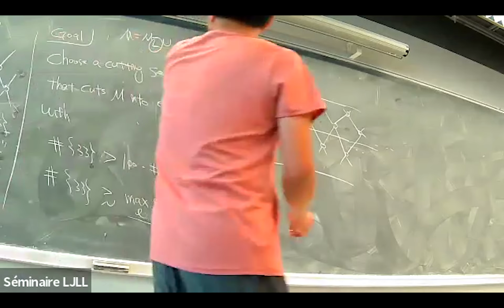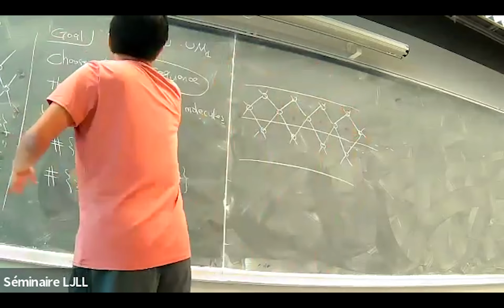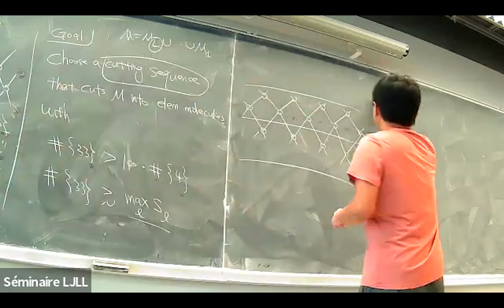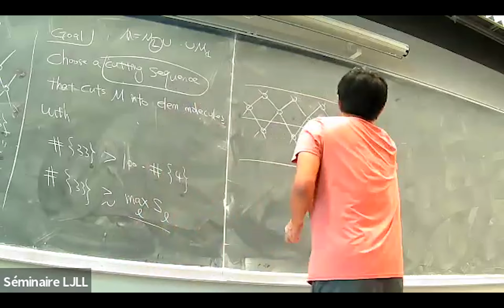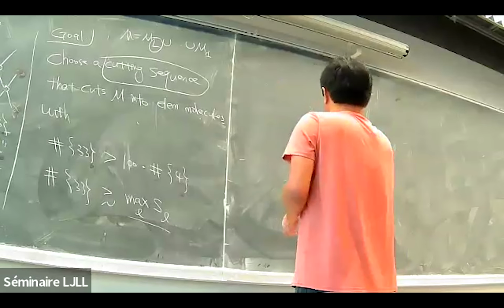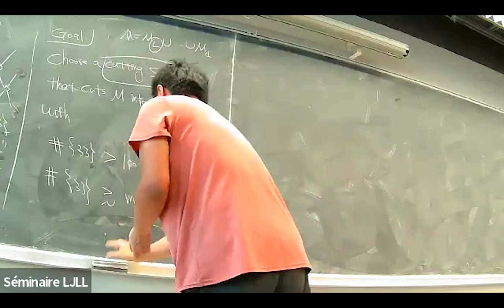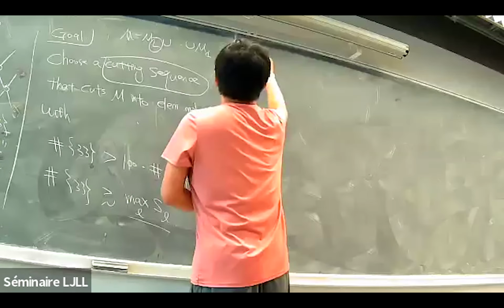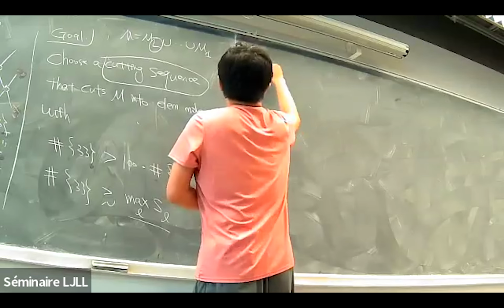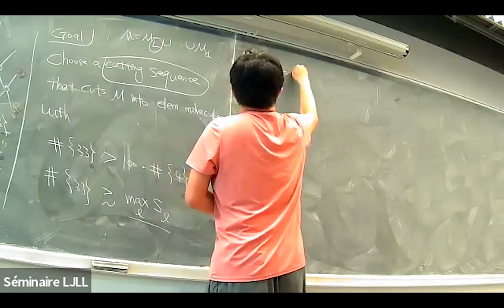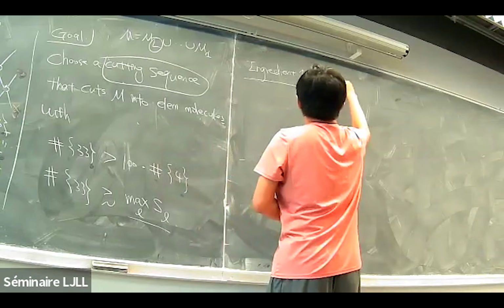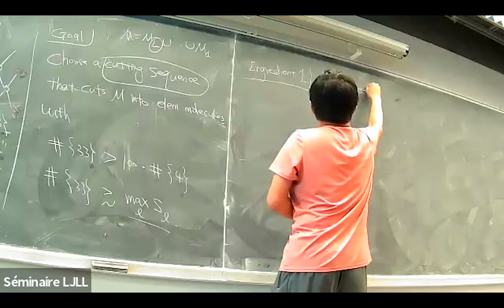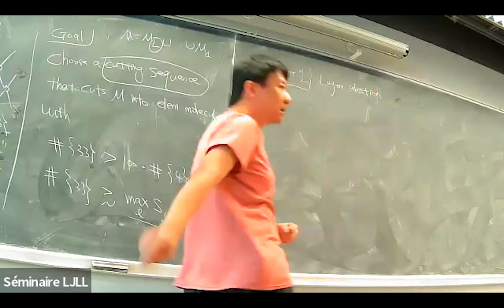This is the cutting sequence. So this is the algorithm. We talk about the first ingredient, which is layer selection.